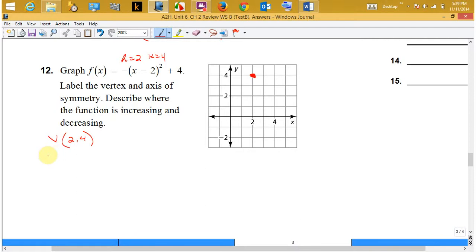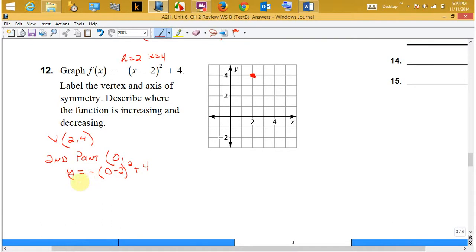Now I need to find a second point. So I'm going to pick some value for x that I think will work, and then I'll find the y. Let's pick x equal to 0. I think that's 2 away from this x value. That should probably be good. So plugging 0 into the equation, I've got y is equal to negative (0 minus 2) squared plus 4.